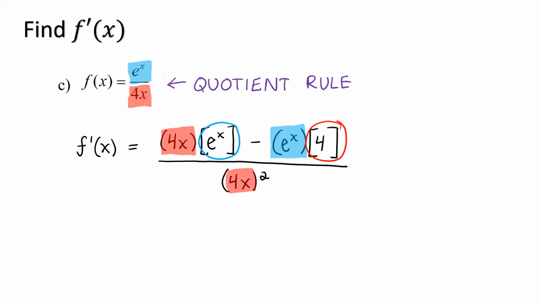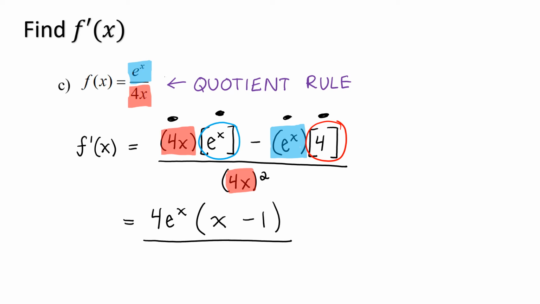Then we want to do a bit of simplification. So we have a 4 and we have an e to the x in each term. So we can factor out 4e to the x, coming from this 4, and this 4, this e to the x, and this e to the x. And we're left with x minus 1 all over 4x squared, which gives us 16x squared.